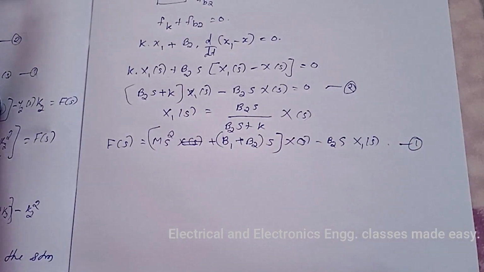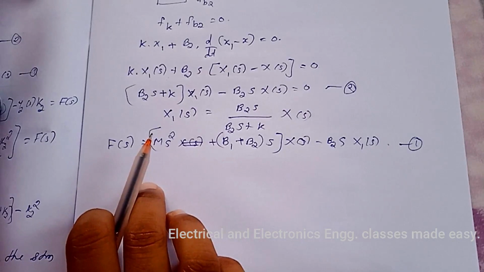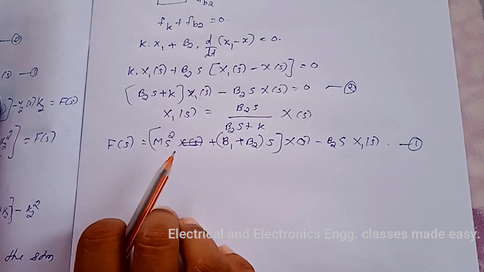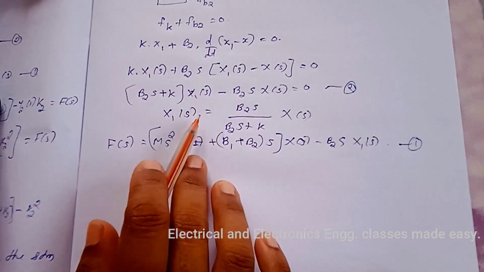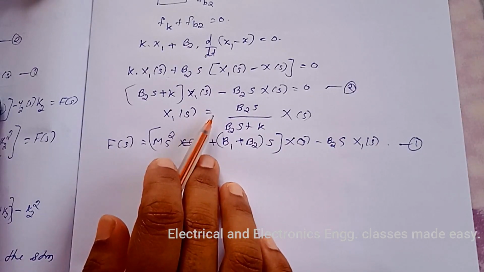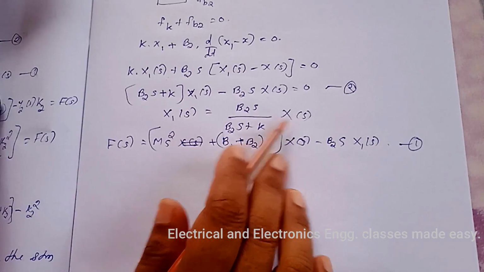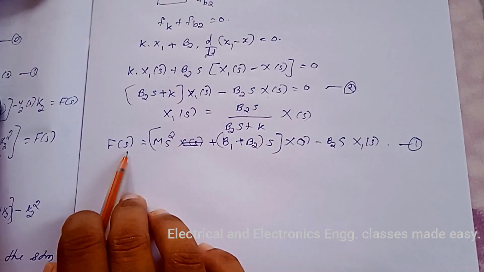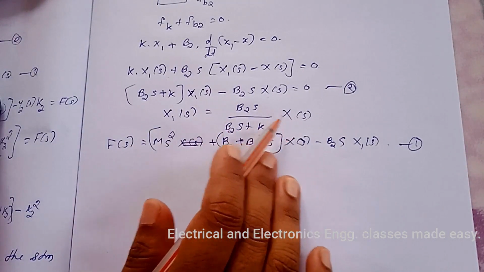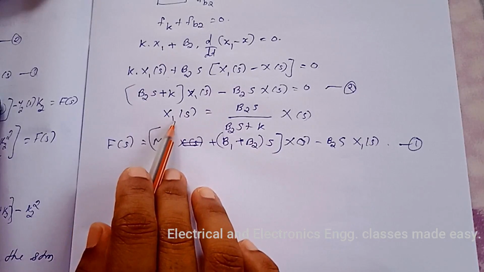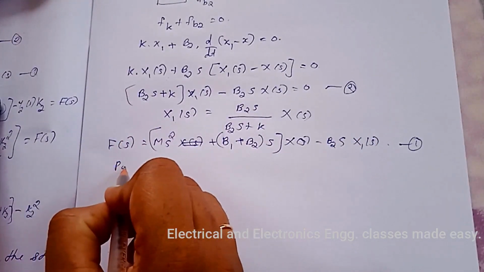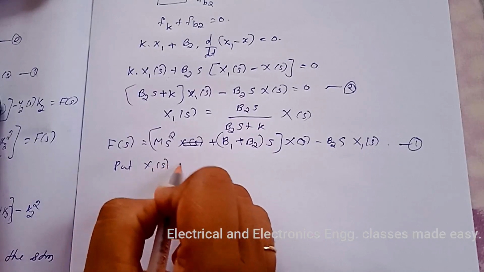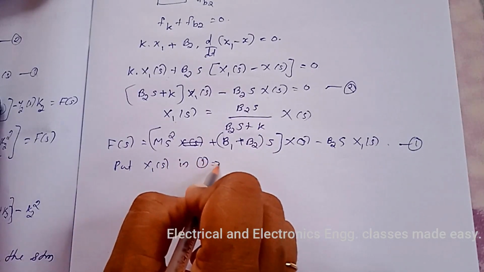Now we have to find the transfer function. To find the transfer function, so the transfer function is x of s divided by f of s. So to find that, we have to put the value of x1 of s in equation 1.